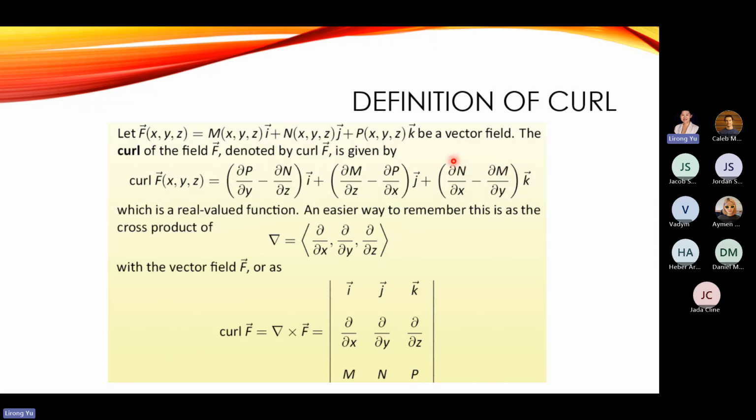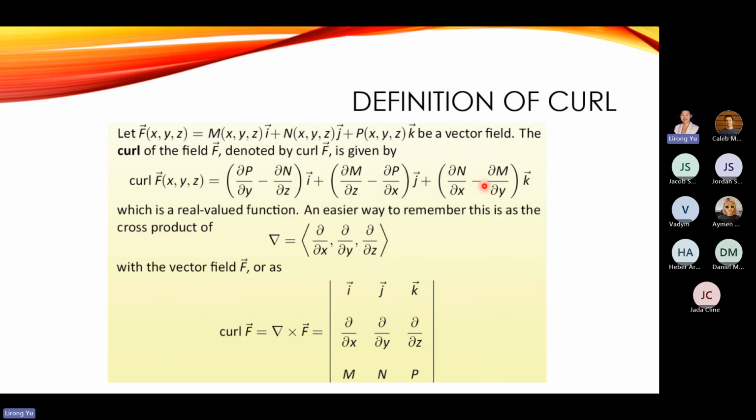That sounds familiar. That's Green's theorem. The third component of curl is exactly the same calculation as in Green's theorem. So you can think of the right-hand side of Green's theorem as also a curl, but a curl in two dimensions.